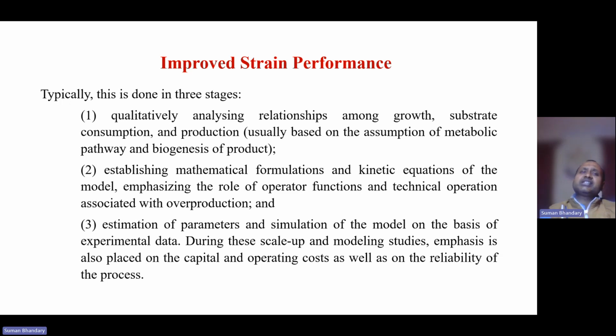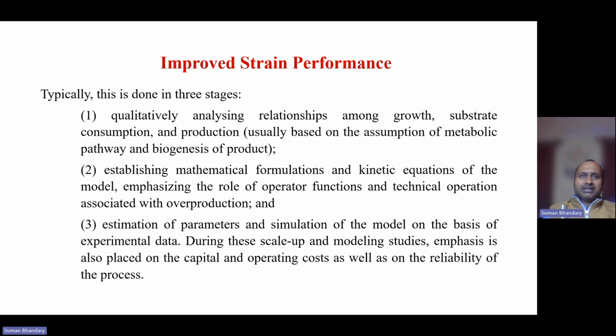And after the successful introduction of the improved strain into the fermenter, production processes are validated and designed to run automatically for comparative and consistent operations. Typically, this is done in 3 stages.